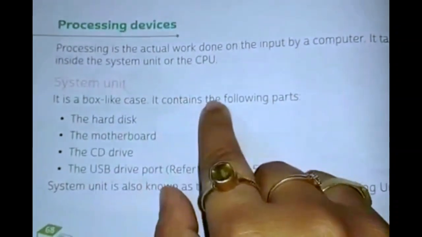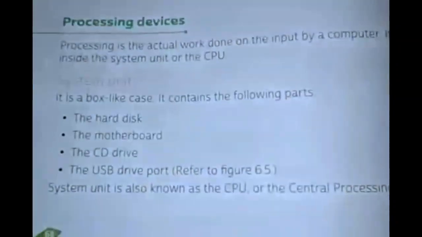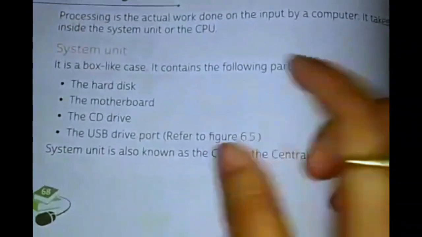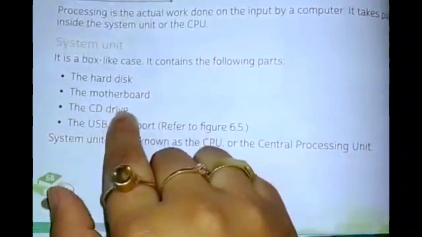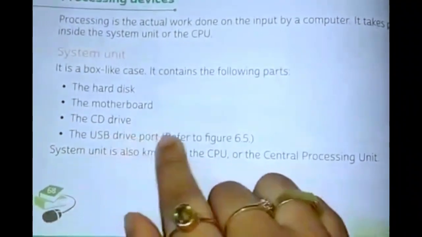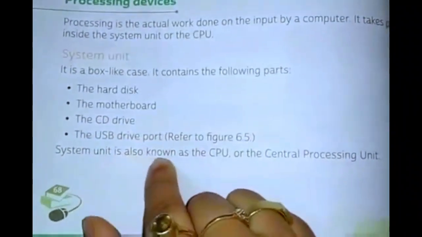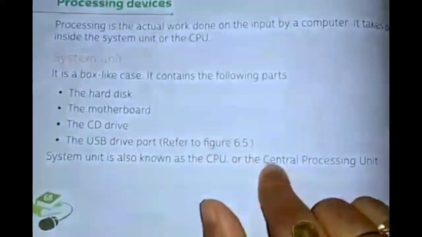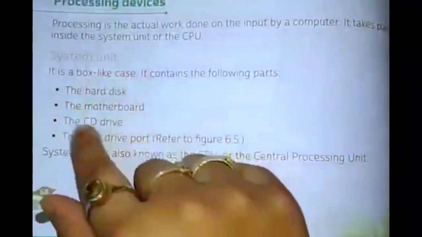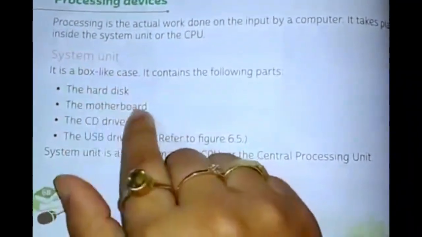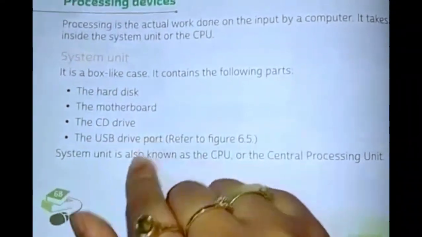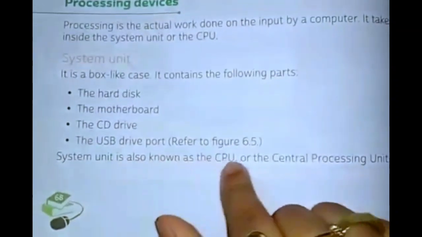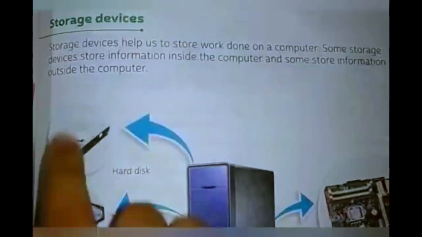It contains the following parts: the hard disk, the motherboard, the CD drive, the USB drive port. System unit is also known as CPU or the central processing unit.